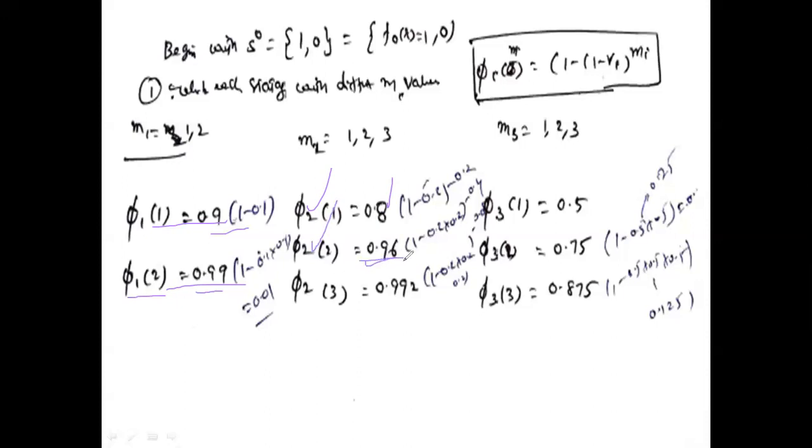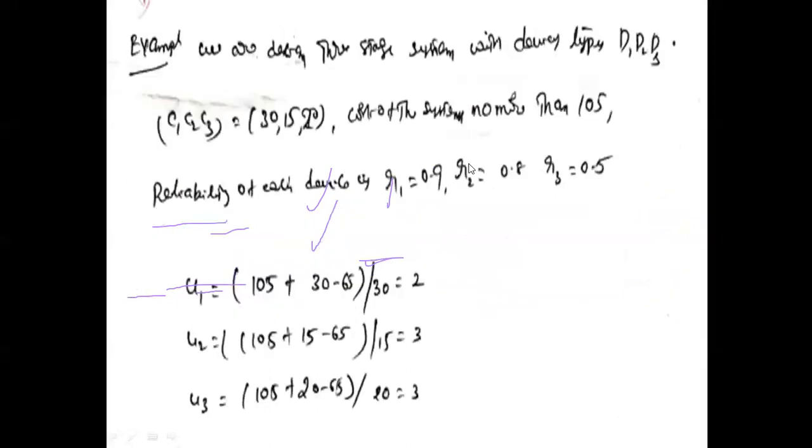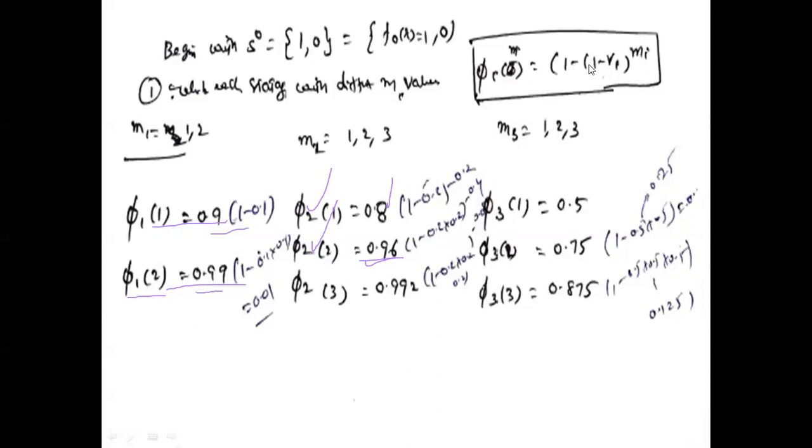How are we getting this? 1 minus (1 minus r_i) whole square, where r_i is the reliability of the second device, 0.8, so 1 minus 0.8 is 0.2. 0.2 squared is 0.04, and 1 minus 0.04 is 0.96.